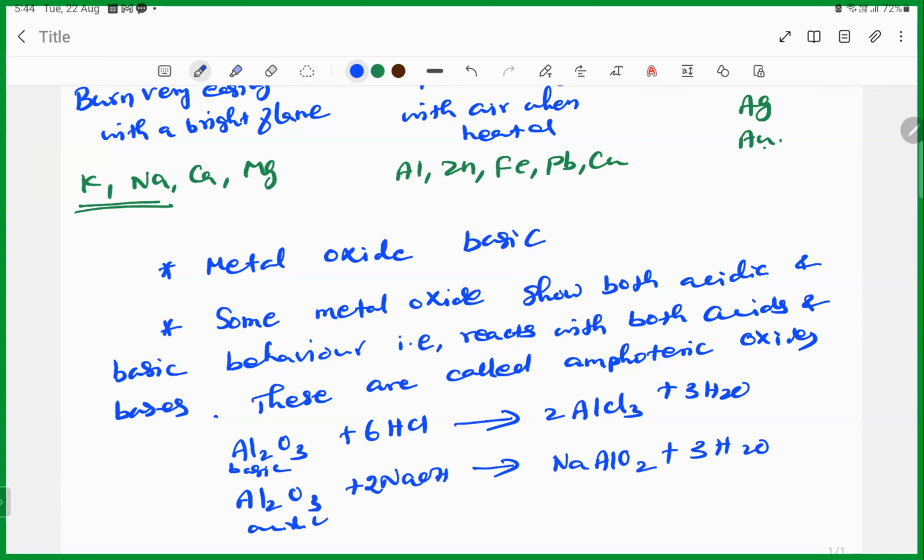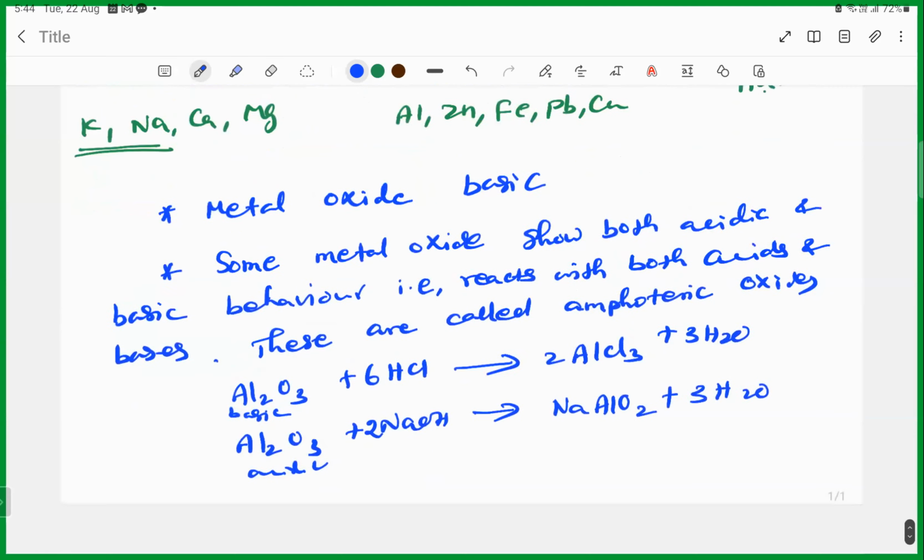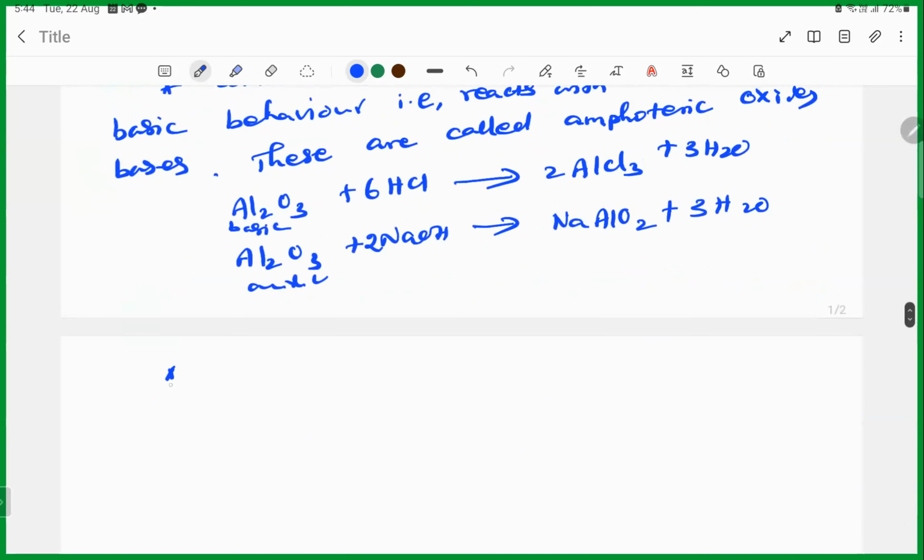In addition to aluminum, zinc, tin, lead, and beryllium can also form amphoteric oxides. So amphoteric oxides are formed by the metals zinc, tin, lead, and beryllium.